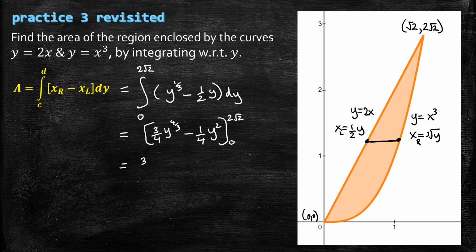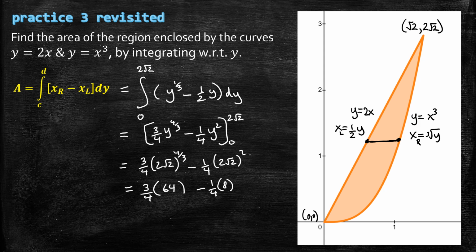And so when we plug in 2 root 2, we get 3/4 times (2 root 2) to the 4/3 minus 1/4 times (2 root 2) squared. Now this will take a little work, but I'm going to do this one first: 1/4 times 2 root 2 squared. If you multiply that out, that comes out to be 8. And then 2 root 2 to the 4th will be 64.